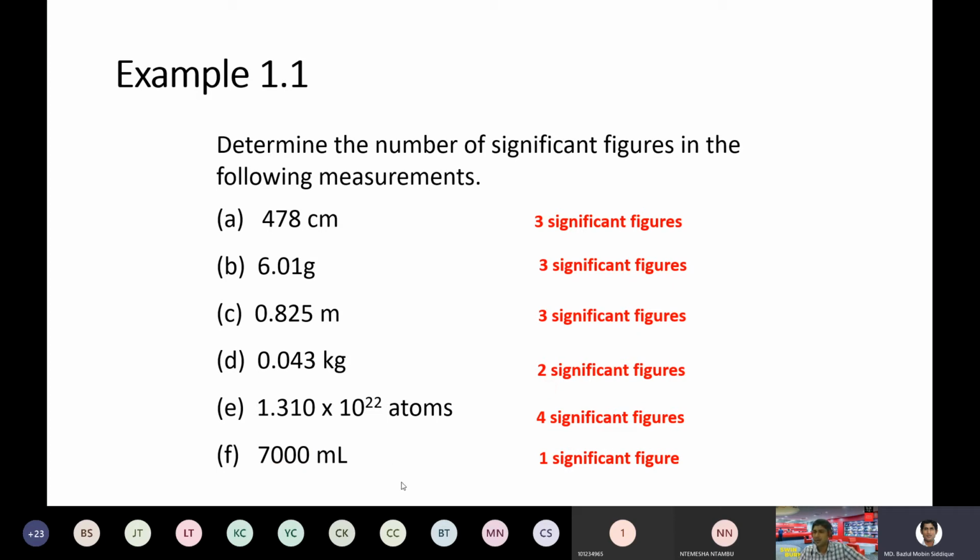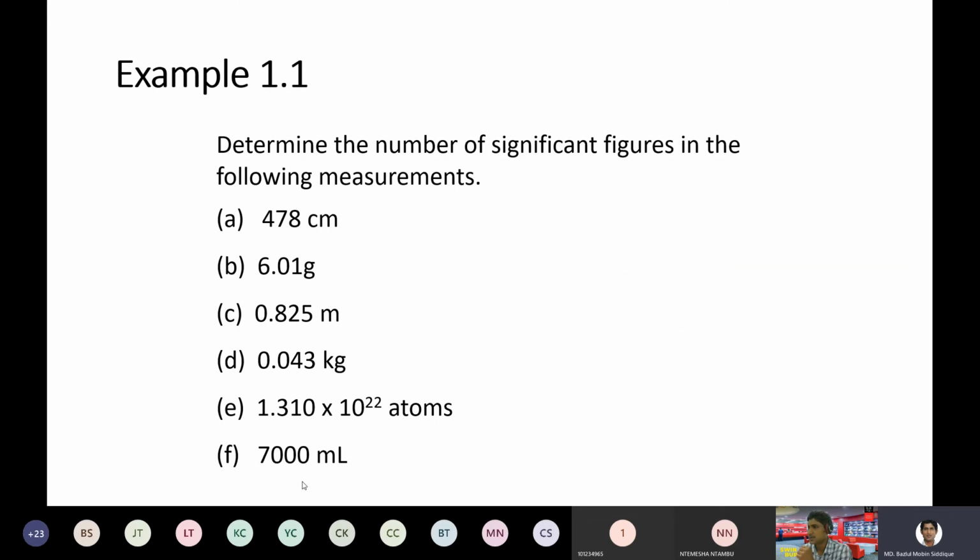There is another thing we should consider when we do calculations with significant figures.